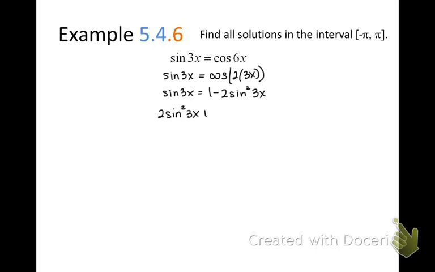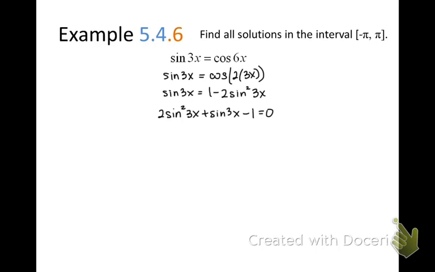I am going to keep plus the sine of 3x and then minus 1 to get my 0. You can only factor things if they not only have the same trig function, but also the same angle value. So if this was a 3x and this was a 6x, I would not be able to factor that. Okay? But these match, so I'm good to go.